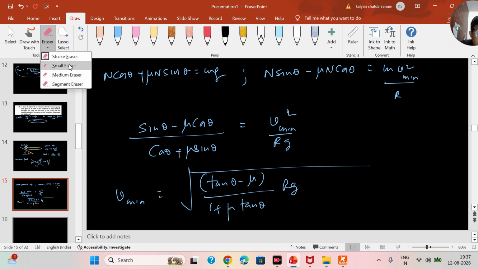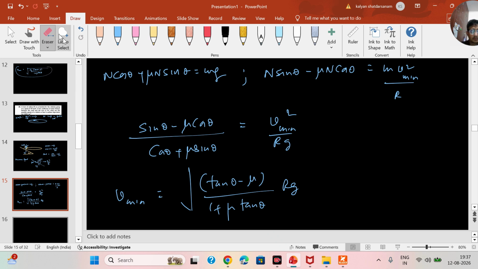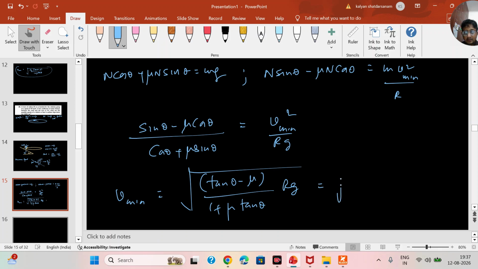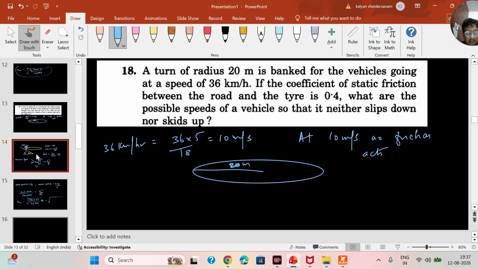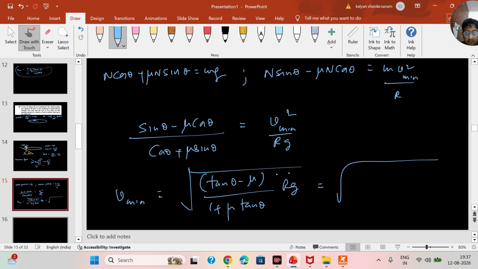So let's see what this will give me. Okay, so theta we already got. Tan theta is how much? 1 by 2, 0.5. So I'm going to put that minus mu.